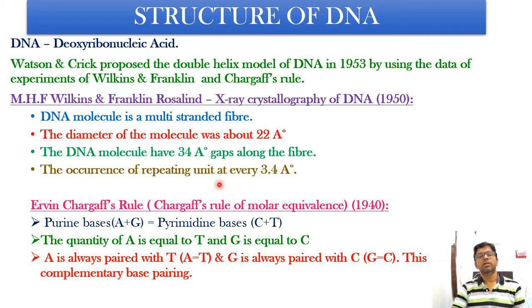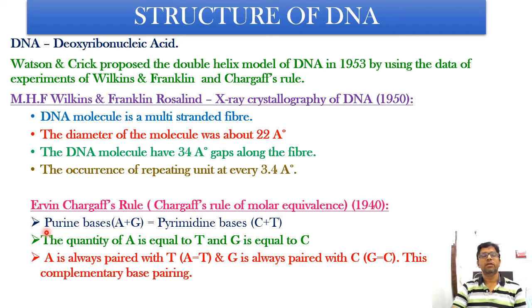Before these experiments, Erwin Chargaff in 1940 proposed a rule called Chargaff's rule, also known as Chargaff's rule of molar equivalence. Chemical analysis of the DNA molecule by Chargaff revealed the following points.